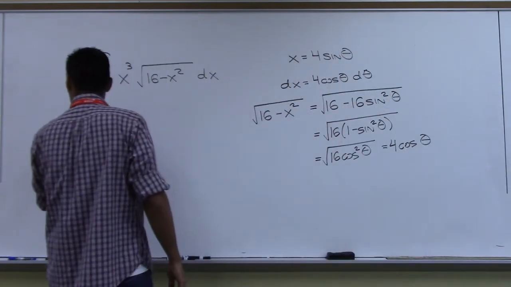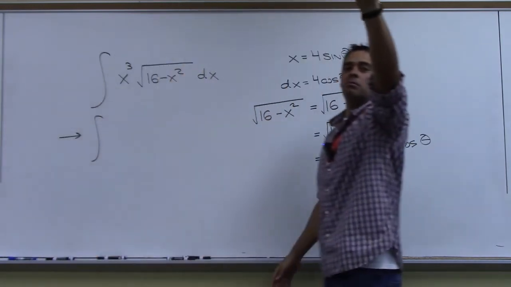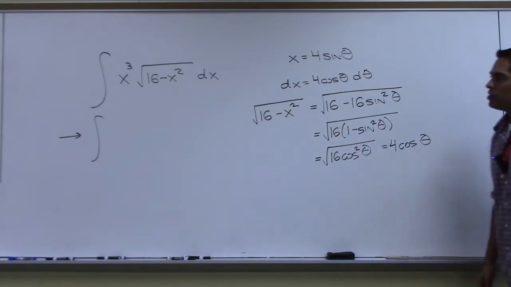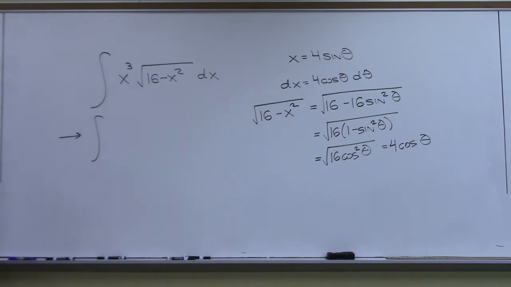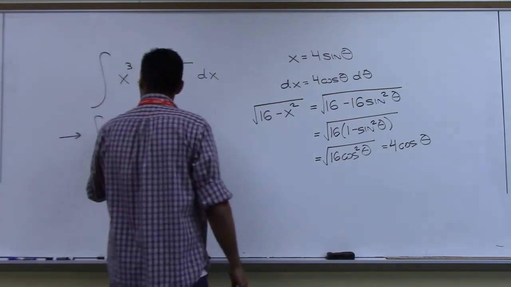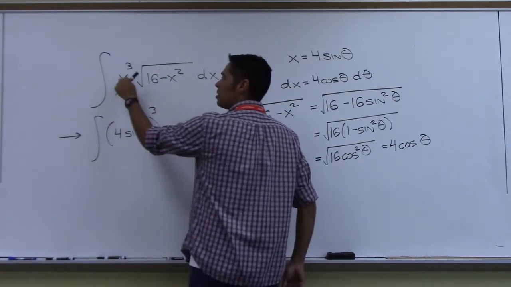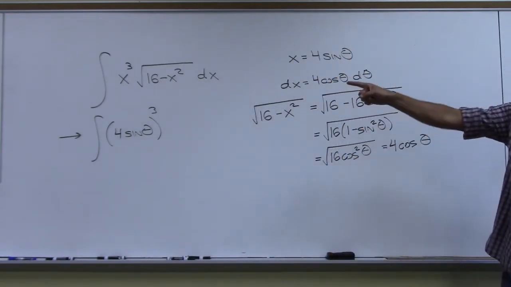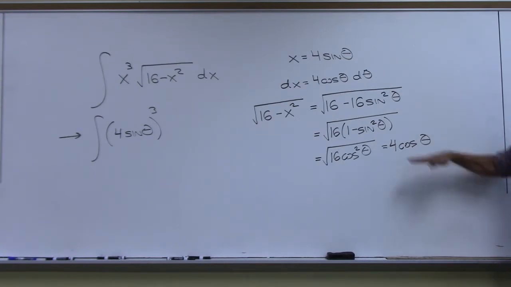Here we go. I need to call on tables. So back table, Justin, Vanessa, Ruben, Kelly, anyone over there. What's x cubed going to be for me? 4 sine theta cubed. And let's take our time since this is our first one. 4 sine theta, the entire thing cubed, right? That's what x cubed is? All right. You want to keep going? What is square root of 16 minus x squared going to be? 4 cosine theta.